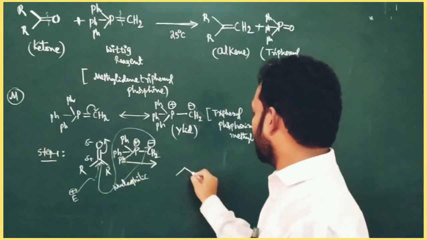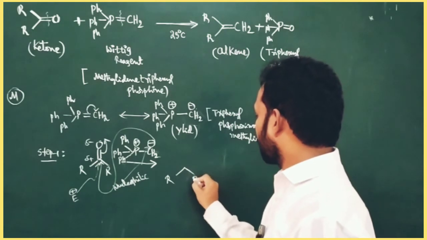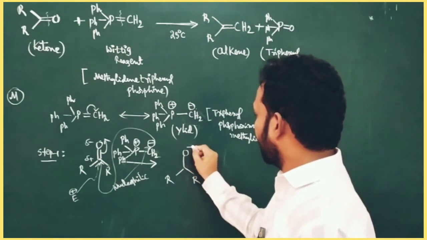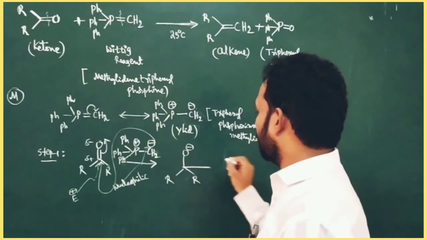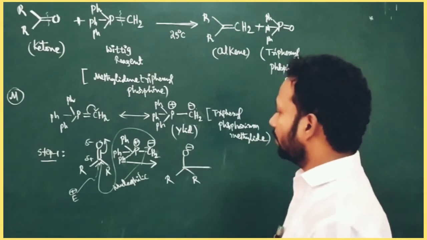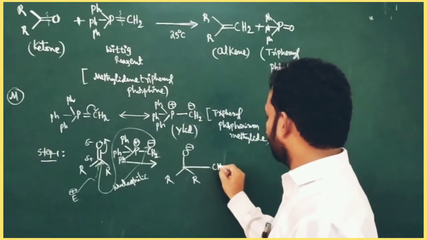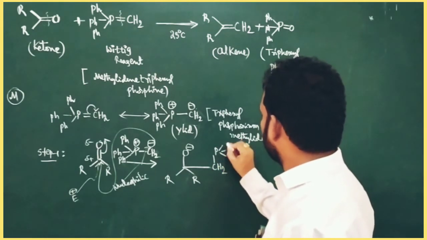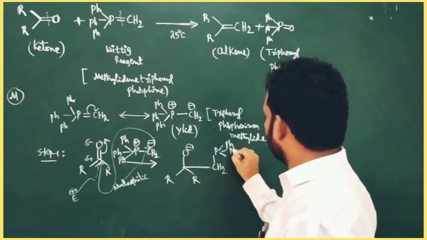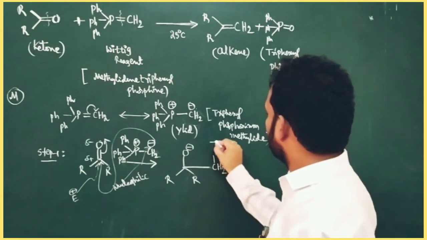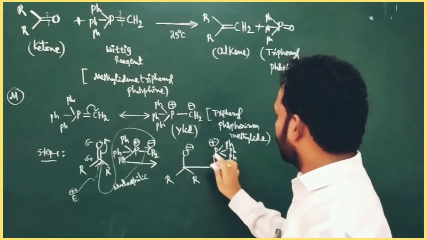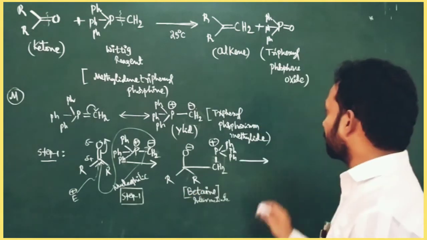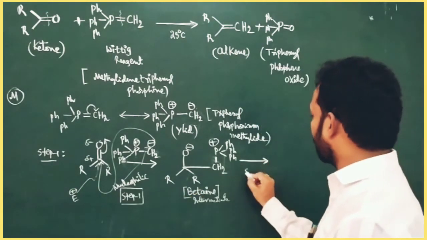The pi bond shifts to oxygen to form a betaine intermediate. This betaine intermediate contains two charges, positive and negative charge. It is like a zwitterionic form. This betaine intermediate is further involved in step 2.